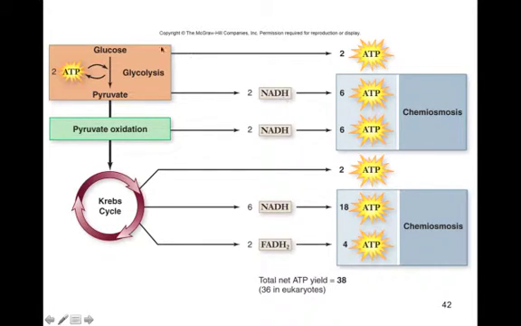What we do get from each of these three stages is lots of electron carriers. And remember, electrons represent energy. As we pull electrons away, carbons are freed in the form of carbon dioxide. And all the NADH that's collected runs to the electron transport chain where we can generate lots of ATP.